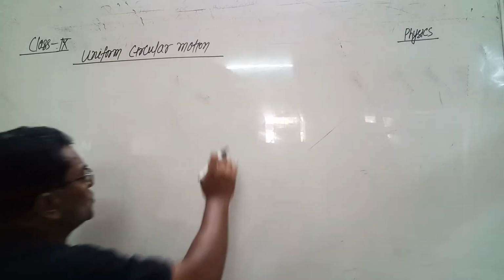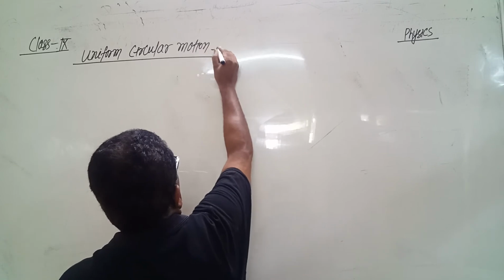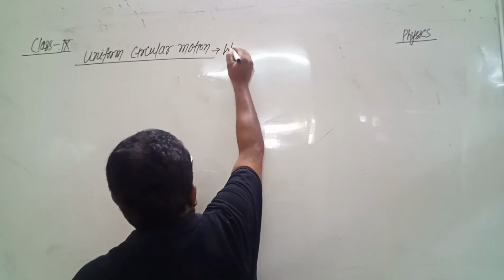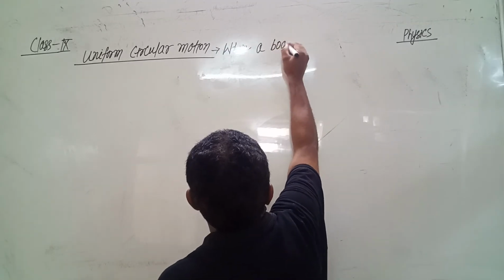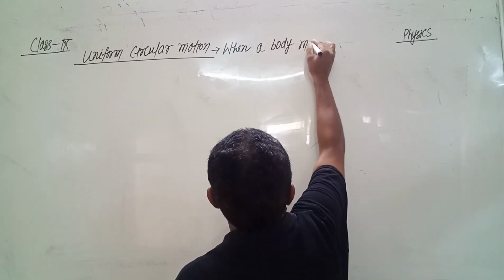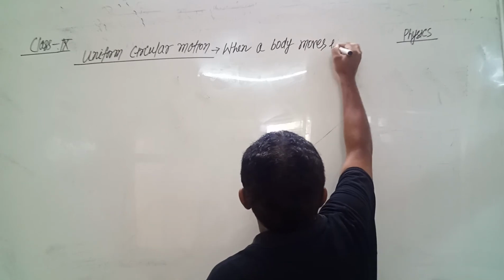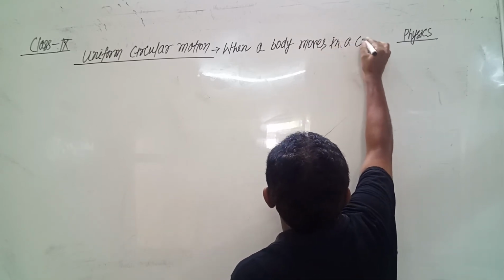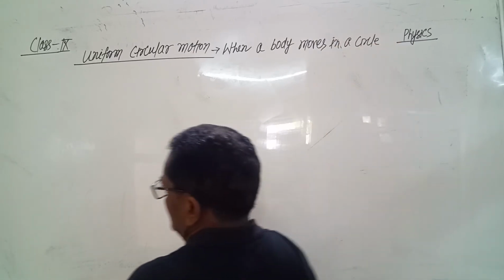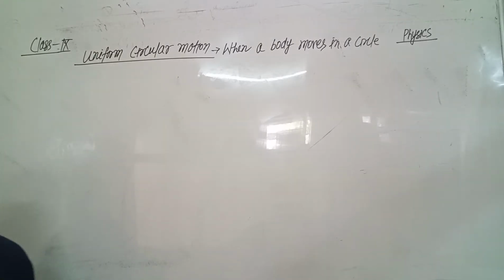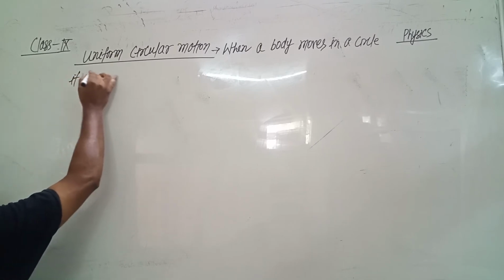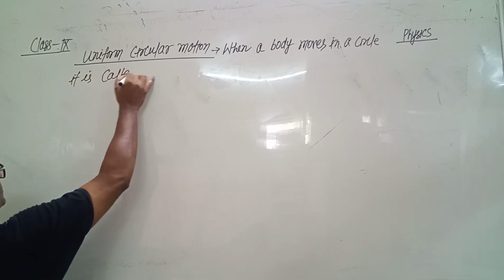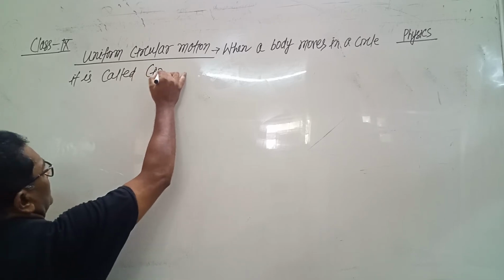So when a body moves in a circle, it is called circular motion.